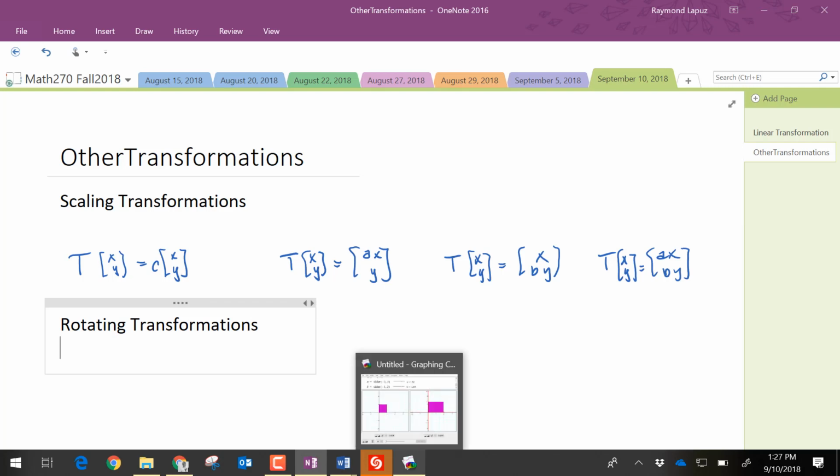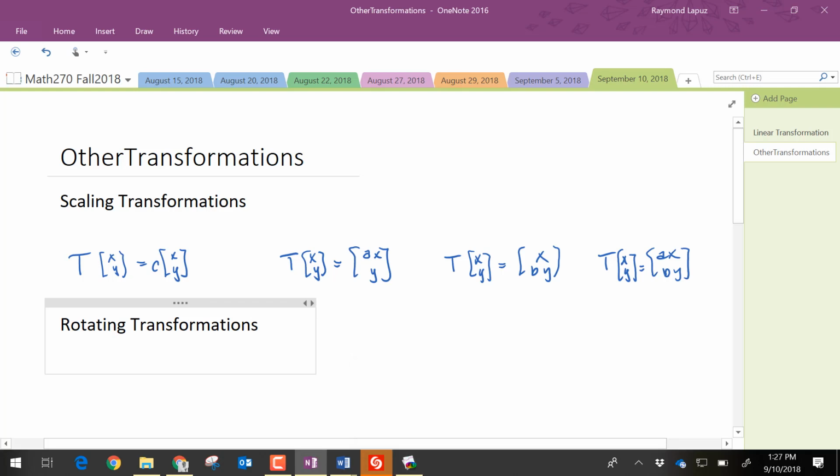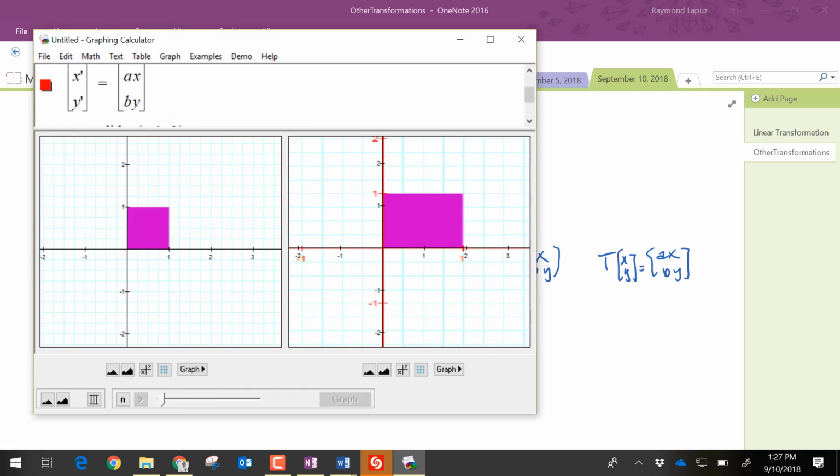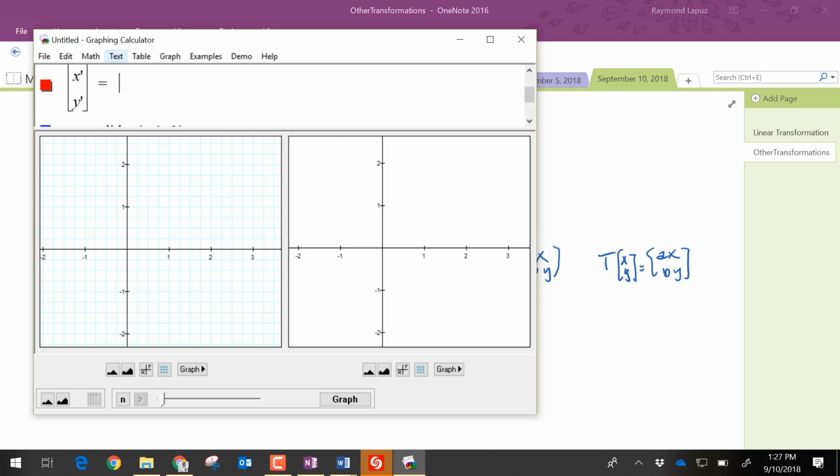The other transformation that I want to show you is called the rotation transformation, which is kind of interesting. It's kind of cool. For that, I'm going to use the matrix version of this, and we need some trig: cosine, sine, sine.